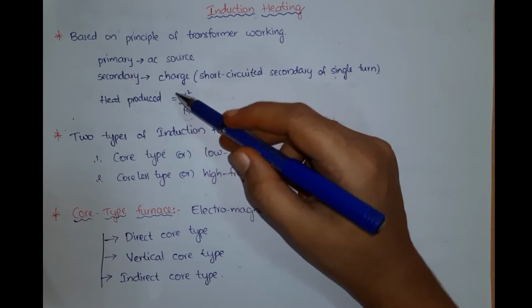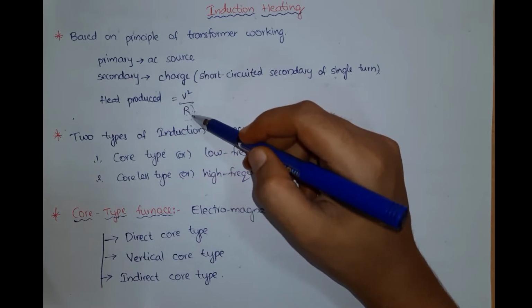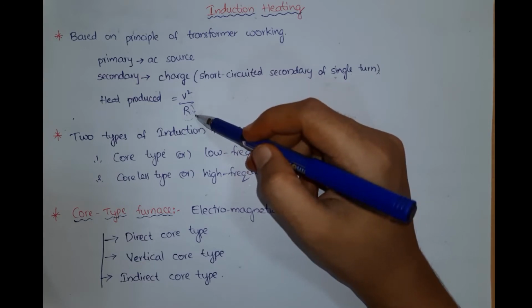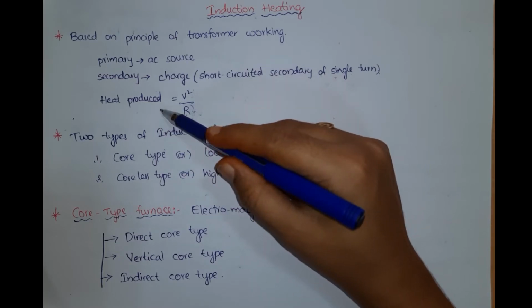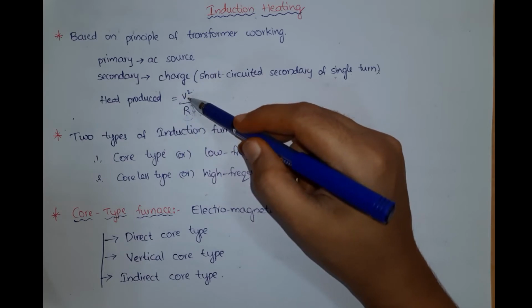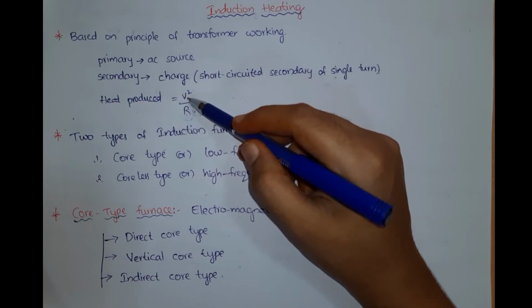A low charge resistance is possible only in the case of metals, and the voltage must be higher, right? Voltage must be higher for a high amount of heat produced, which is obtained by employing higher flux and higher frequency. So to obtain higher voltage, we need higher flux as well as higher frequency.